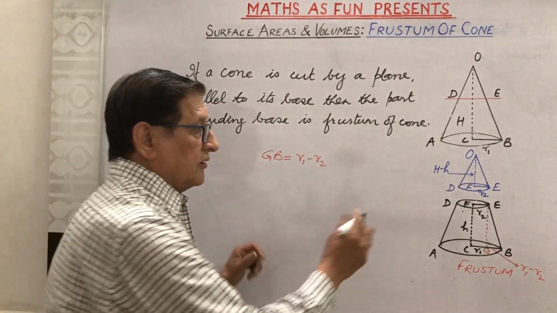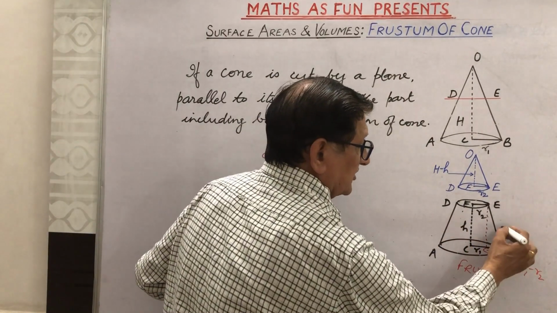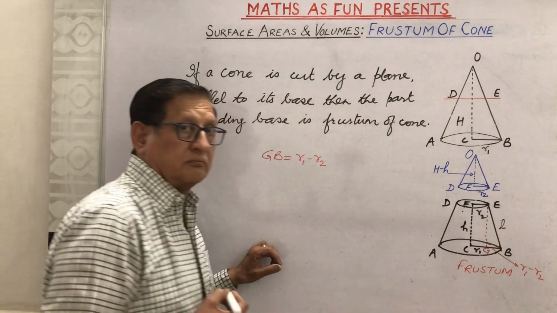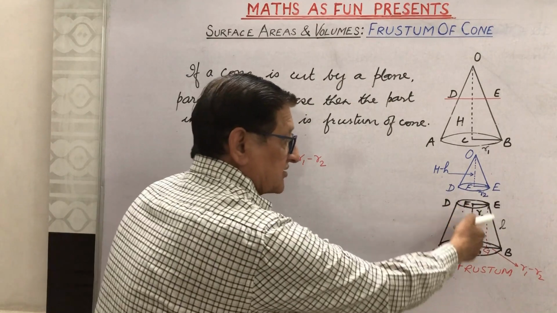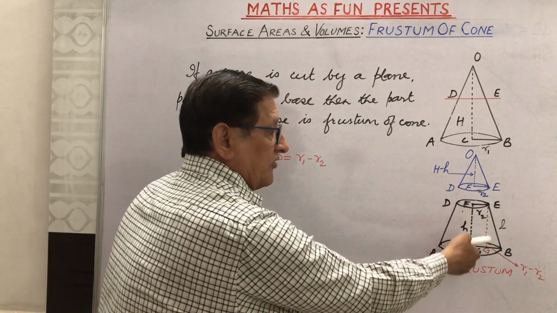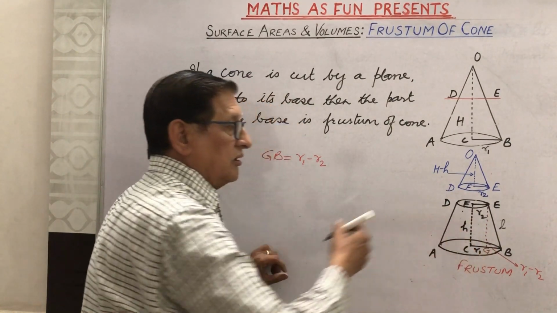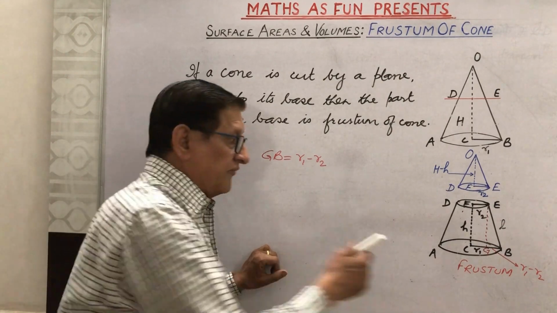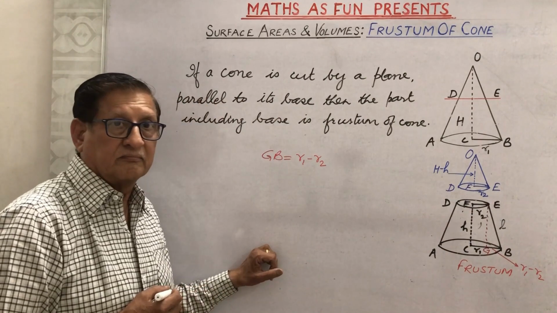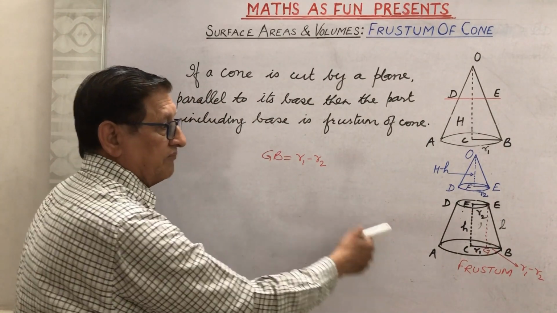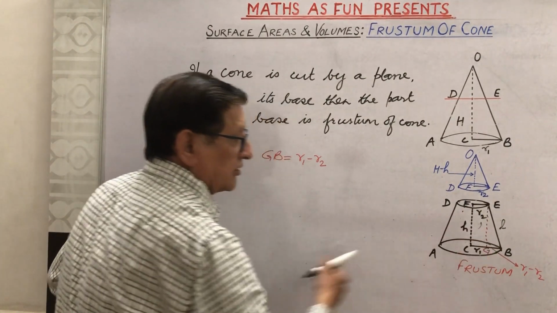Suppose the slant height of this is L and we want to find out the length of the slant height. If the height of this is suppose H, then what we will see? This forms a right angle triangle.